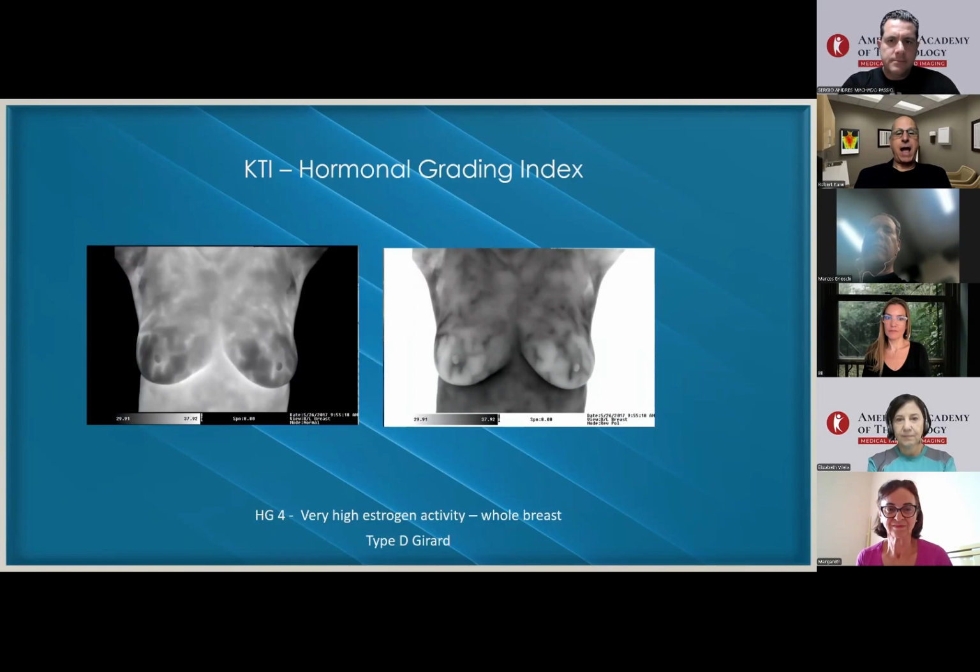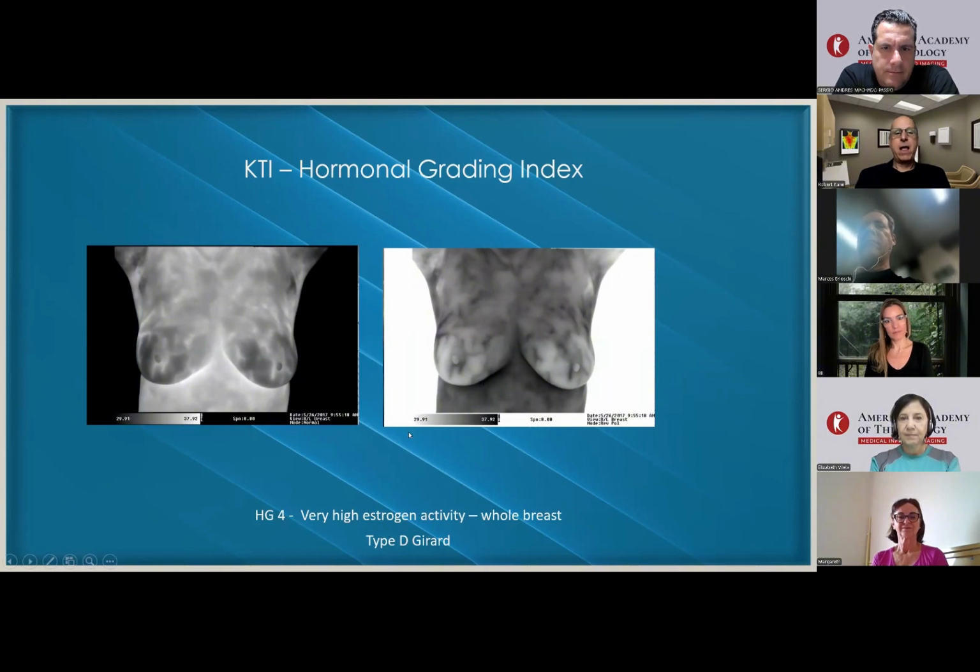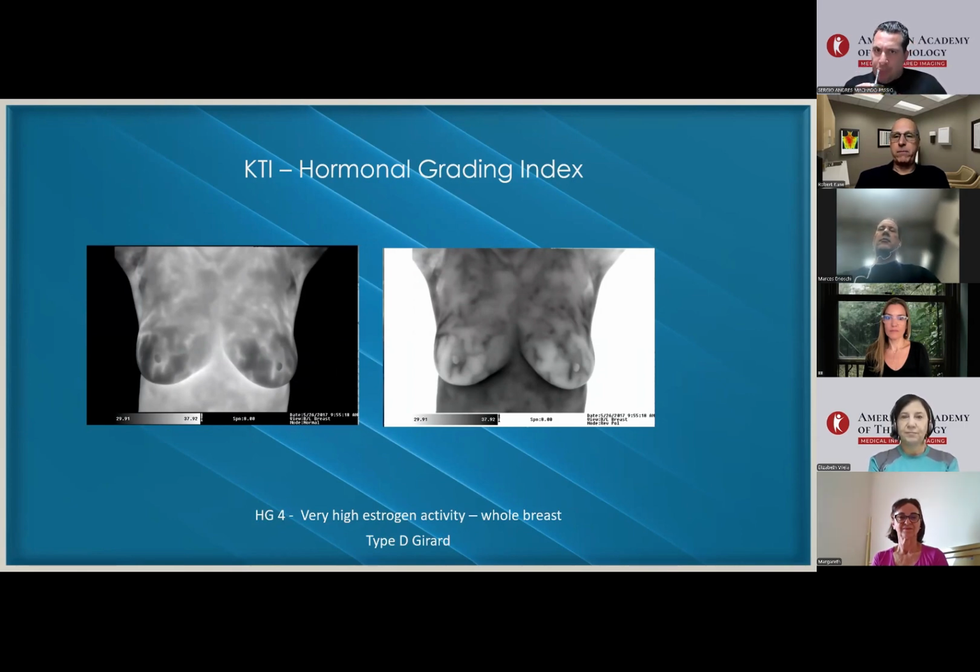Lastly, we're looking at type D Girard, where we're coming below the nipple line. Again, very highly vascularized, and the whole breast is involved. Now, again, my caveat from the prior slide is that we have to differentiate these things from other causes. So, for example, if I found that this woman was on a very highly vasoactive medication and that she just recently began taking it, I would consider that that might be a possible cause of this.